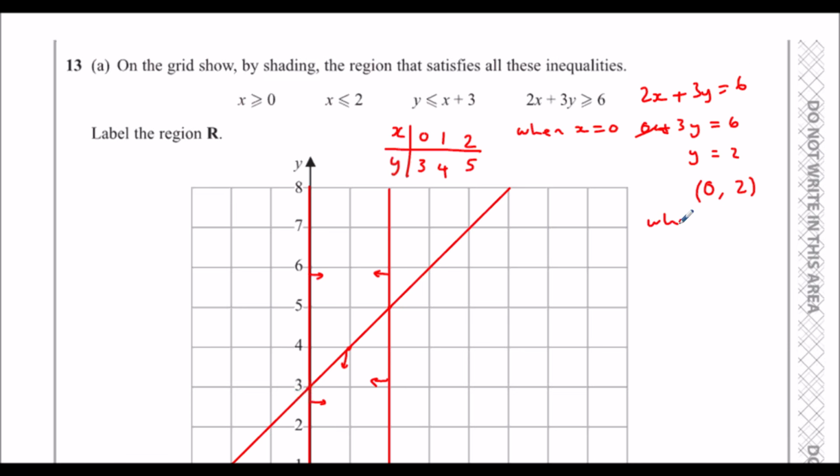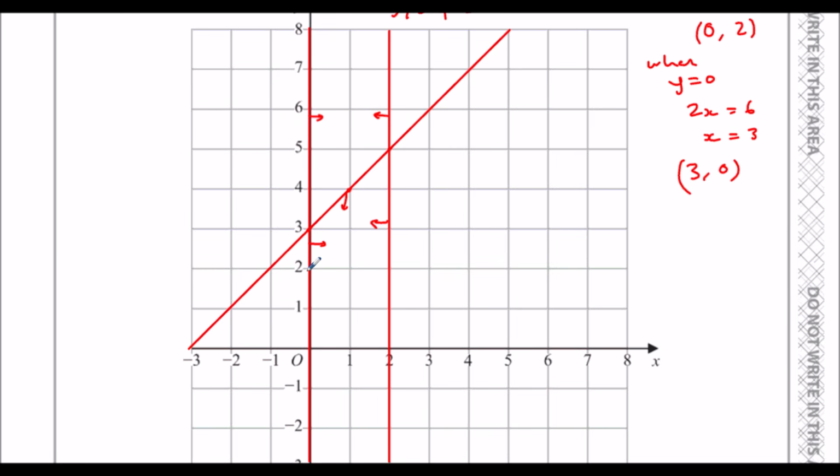And when y is 0, we get 2x equals 6. So x is 3. So we have 3, 0. So we've got 0, 2 and 3, 0.